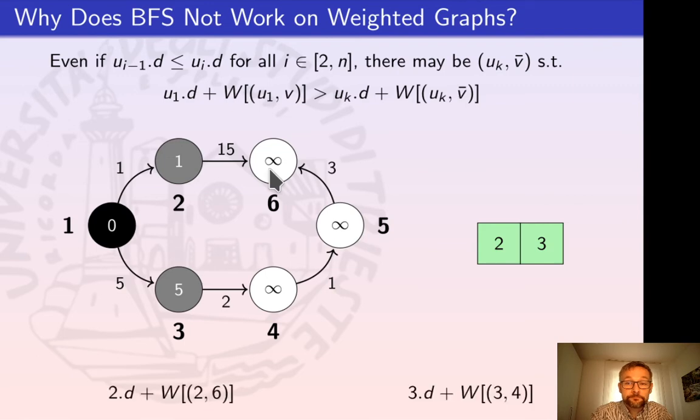As a matter of fact, if I take the distance from 2, which is 1, and sum the weight of this edge, and I take the distance of this node from the source and sum the weight of this edge, I discover that the path moving from 3 is smaller than the path moving from 2.